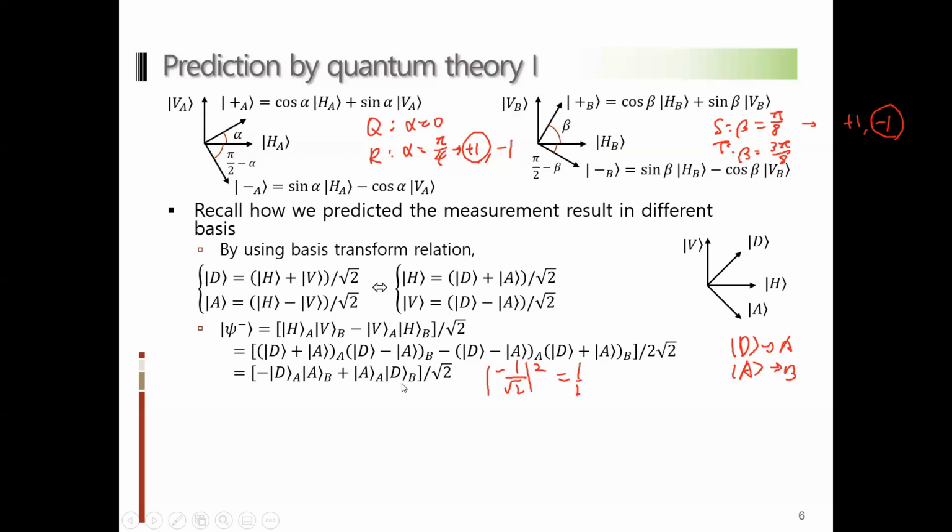So another way we can do this is we know that this coefficient can actually be obtained by finding the inner product between D for Alice and anti-diagonal for Bob, and then we take the inner product between this state and the psi.